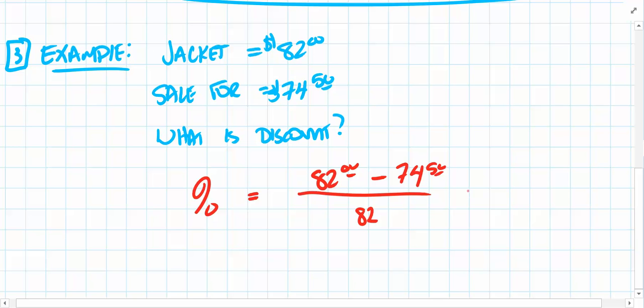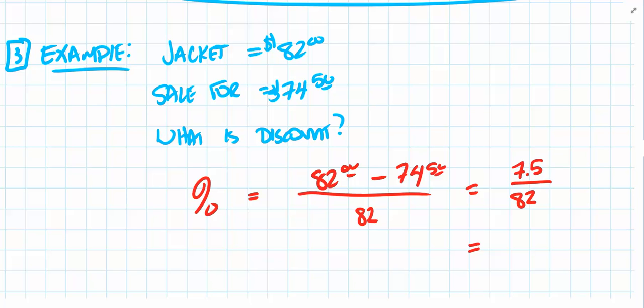Okay, good. Well, how much is the difference of 82 and 74.50? How much is that? 7.5, right? So this is 7.5. I'm going to divide that by the original amount, which is 82. So if I take 7.5 and divide it by 82 in my calculator, what's my calculator going to tell me? Go ahead and do it right now. What do you get?